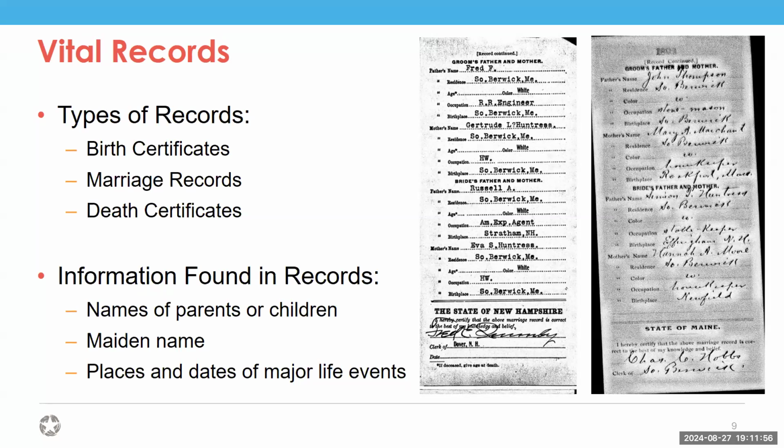Like most of these records, you can find them on some online databases. Depending on which state it is, records like these will often be kept at the state vital records office. Some will be county level, some will be city level or like town hall. You'll just have to check about how they do it in whatever state that you are researching.